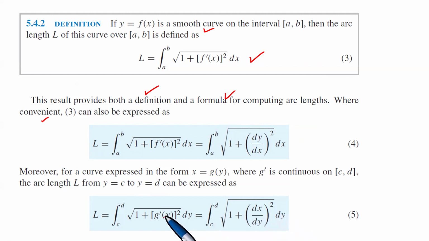So we note the change: if it is g prime of y, it is dy; f prime of x is dx. Also, if it is dy here, then it is dx/dy under the square root sign. We continue as follows.